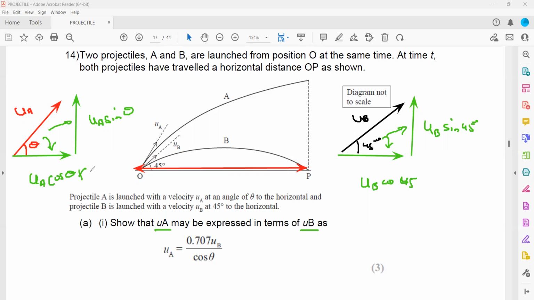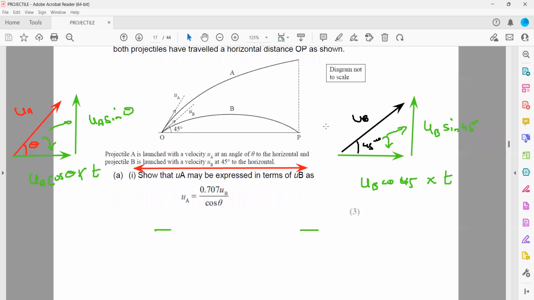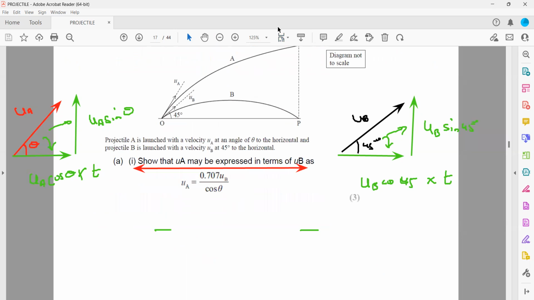Horizontal component of the speed multiplied by time t. And here also the horizontal component of the speed multiplied by time t. As both have the same range, I can simply compare them, as both cover the same distance. So I can say range of A equals range of B.